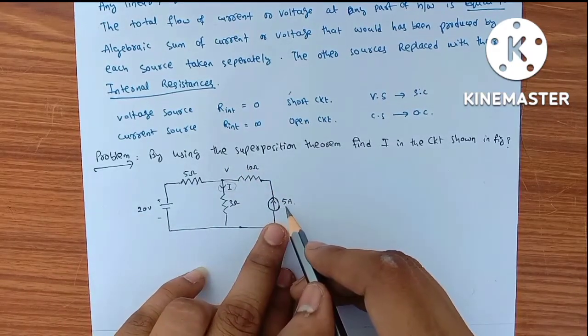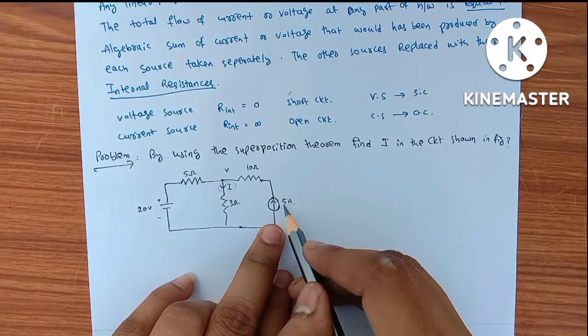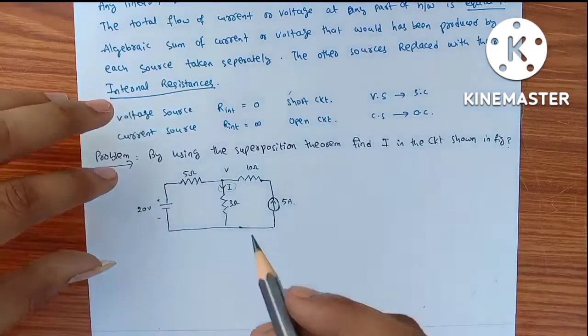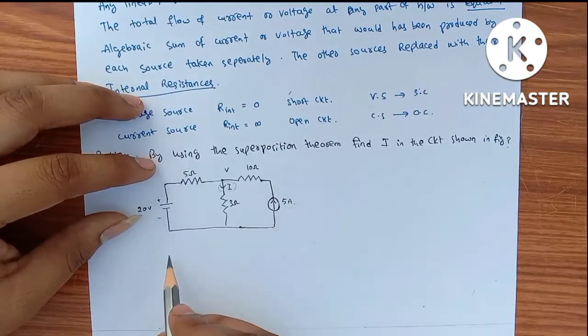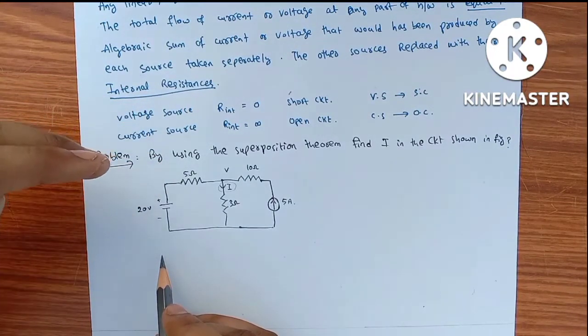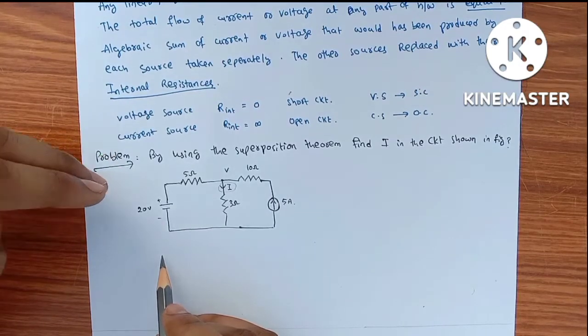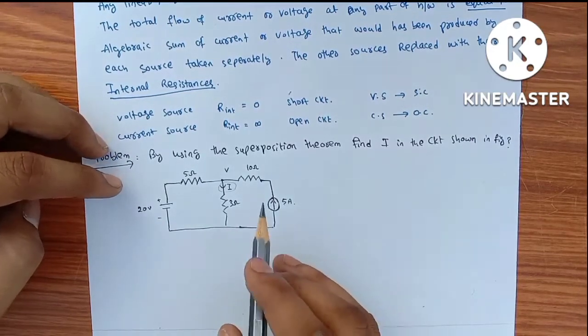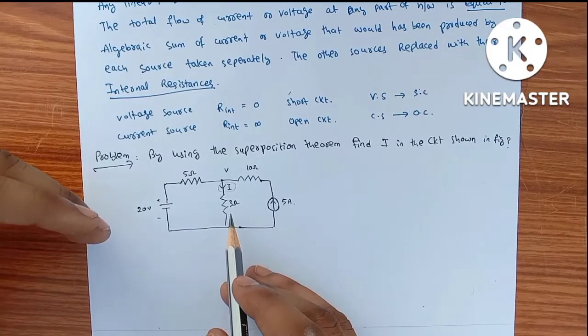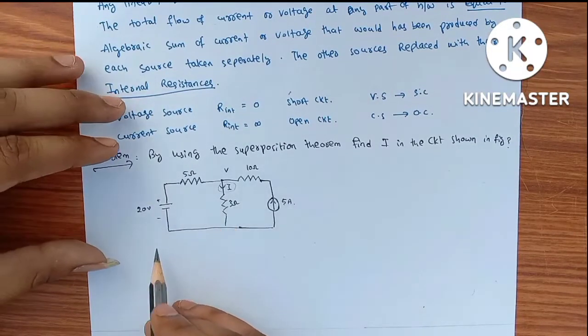When we take the 5 amp source, we short circuit the 20 volt source. Now draw the circuit with the other sources replaced with their internal resistances.